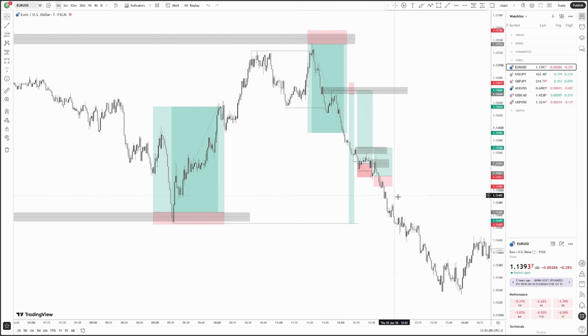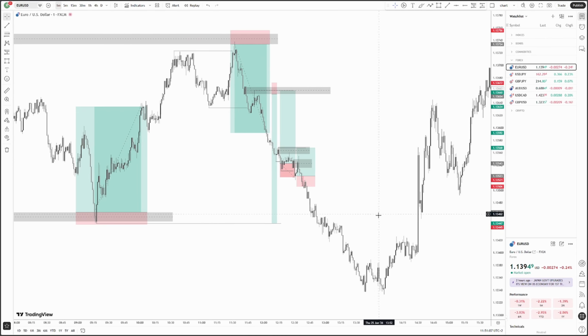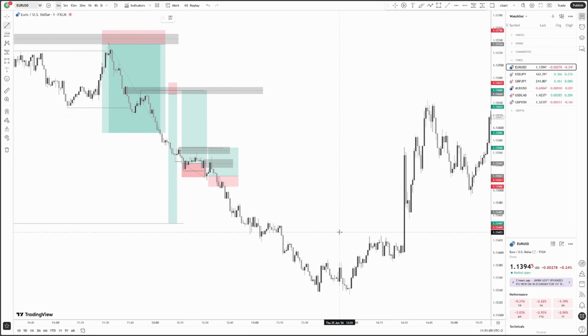So if we take this, for example, just happened right after, we got a low broken, new low, which makes this the high, and it breaks right there. This technically would have been a break, but I prefer a little bit of a stronger break.